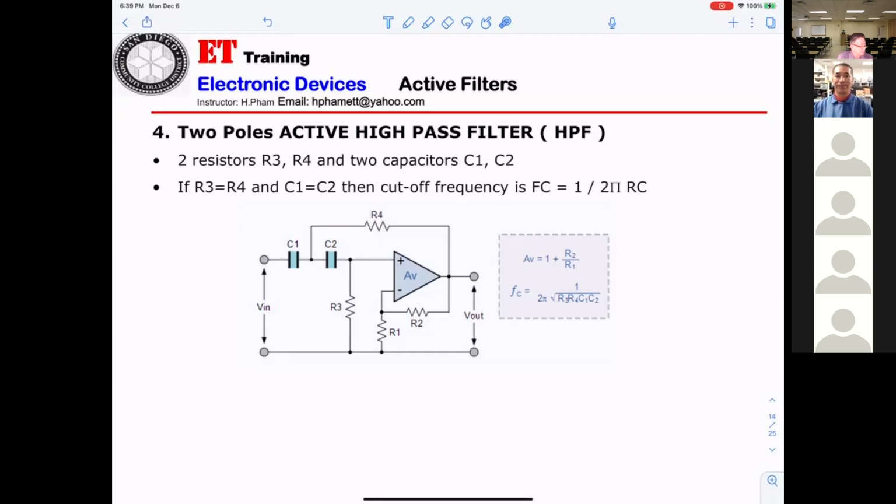Also, to the right in that box, you had the gain, which is 1 plus R2 over R1. So that's for the non-inverting, correct? Correct. And that's how you do the cutoff, R3, R4, C1, C2. Thank you.